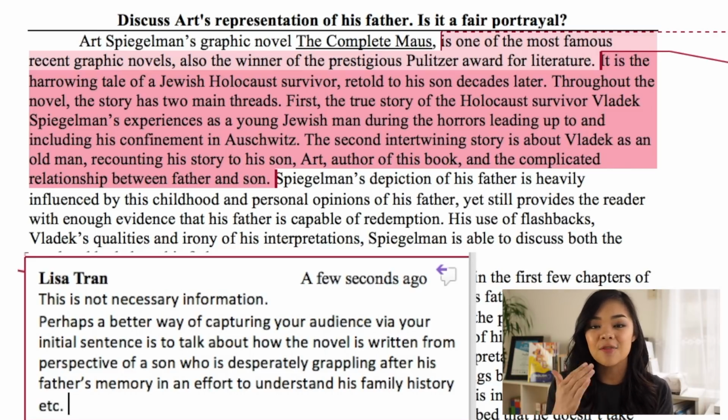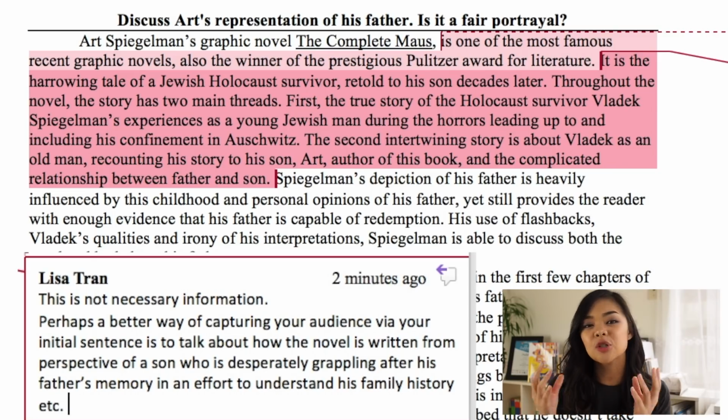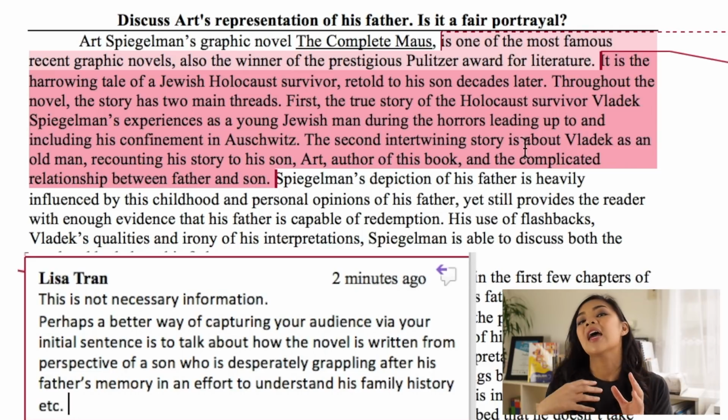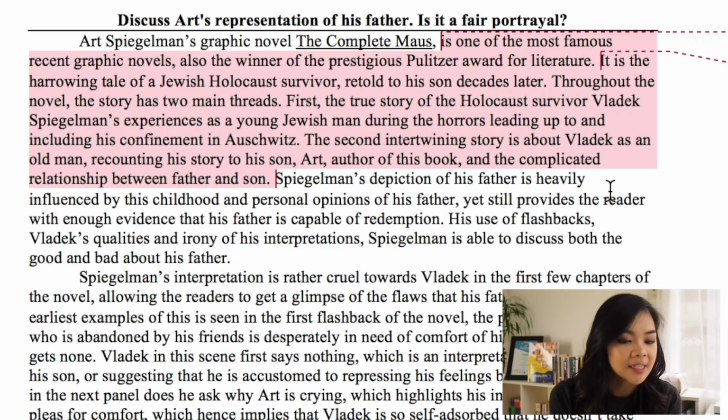And if you can apply it to every single essay topic, then it's not good enough because it's not tailored to this specific prompt. So instead, I would say, why not try to establish that link with Art's representation of his father and how this novel is about his perspective and why he's trying to understand his dad better and what he is trying to achieve from this. Let's keep going.